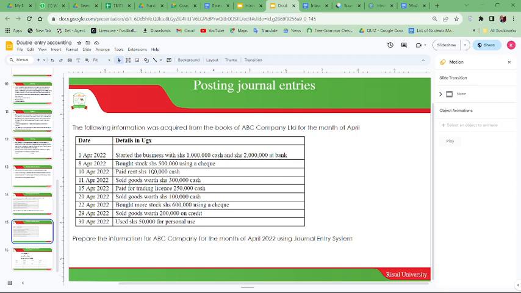It means the rent is receiving. Rent is an example of an expense. And then you use the cash to pay the rent. It means the company is losing cash. So we are going to credit cash because the cash is reducing, and we are going to debit rent because rent is gaining or increasing. Rent is an example of expenses.